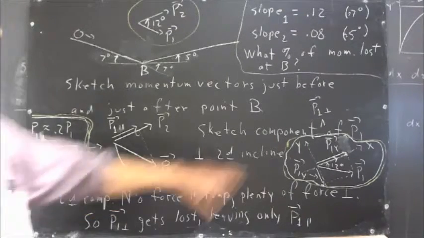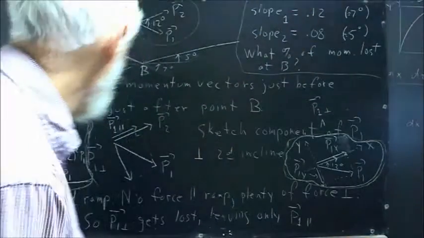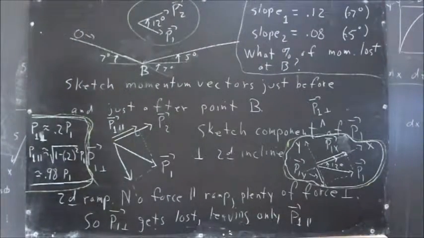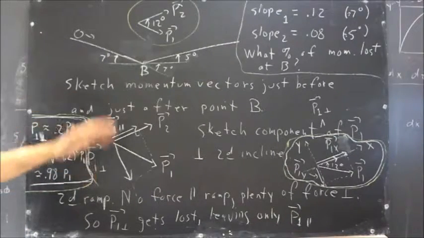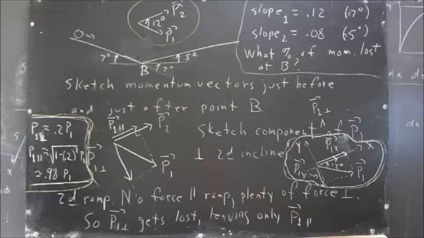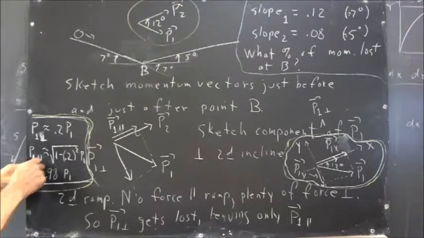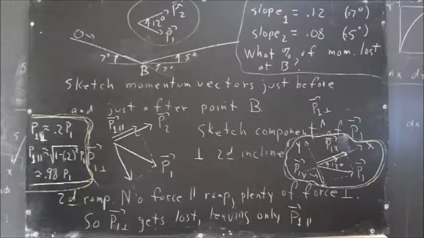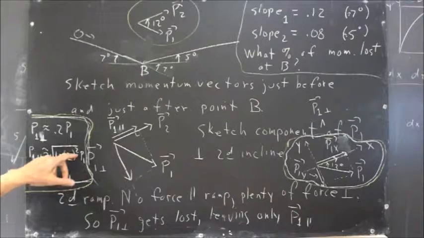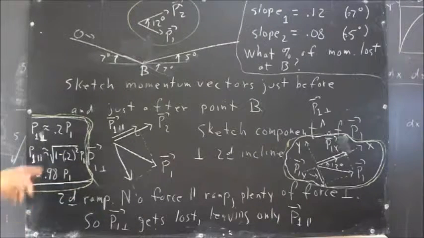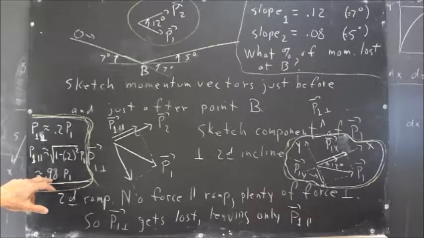I got that just by adding these slopes and using a small slope approximation. And remember, this is the magnitude of P1 perpendicular. I'm not worried about positive or negative right now. That tells us that P1 parallel, by the Pythagorean theorem, is going to be the square root of 1 minus 0.2 squared times P1, and you should think through how the Pythagorean theorem gives you that. That's 0.98.